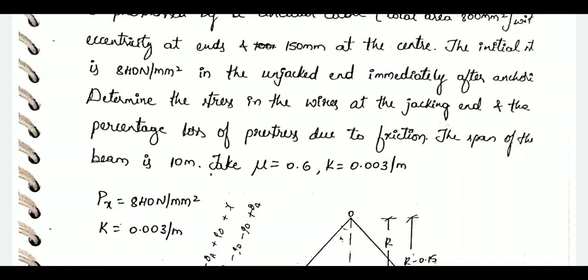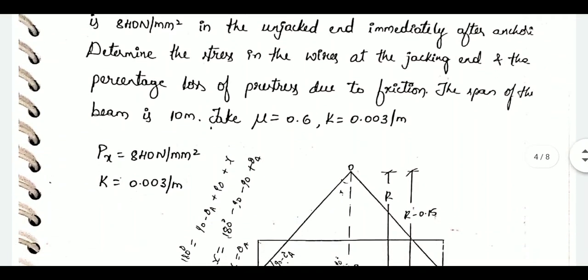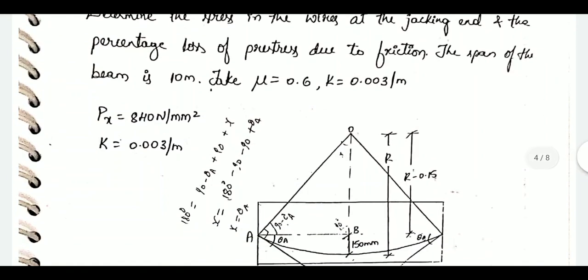The stress remaining at the unjacking end is 840 Newton per mm square. So if you want to maintain 840 Newton per mm square at the unjacking end, what is the pre-stress applied at the jacking end you need to find out, then the difference will be your loss.